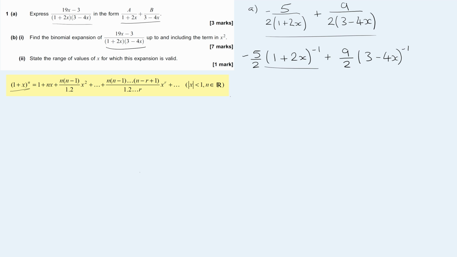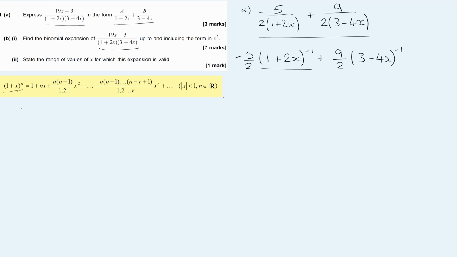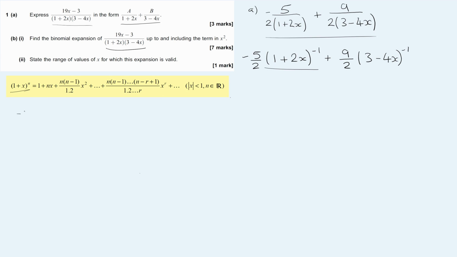So the first one's not too bad, because that's quite similar to what we've got in our formula book here. So we've got minus 5 over 2 and then a big open bracket. Now before I start this, I always like to write out what I'm doing. x in the formula is going to be replaced by 2x, and n in the formula is going to be replaced by minus 1. So I'm going to have 1 plus n times x, which is minus 1 times 2x.